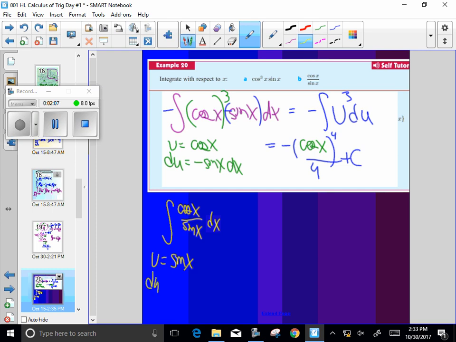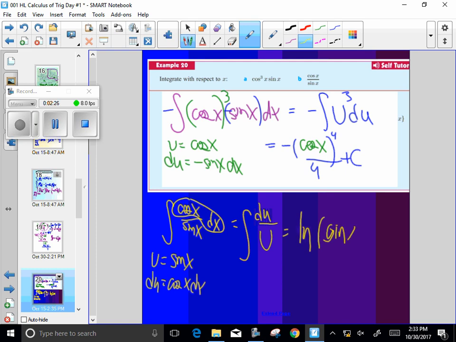So this is going to be cosine x dx. And it just so happens that all of that is here. This is du over u. So what's the antiderivative of du over u? Natural log of u. And we said sine, right? And this, by the way, is the antiderivative of cotangent. This goes pretty well, u sub, all u sub.